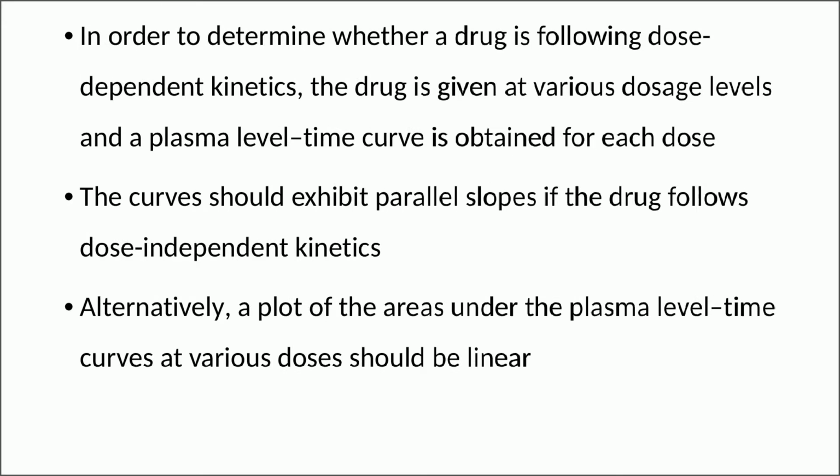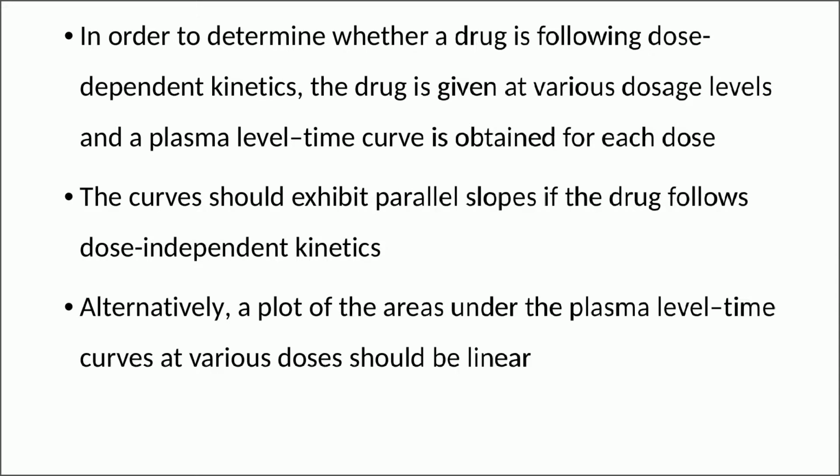Now, in order to determine whether a drug is following dose-dependent kinetics, the drug is given at various dosage levels and a plasma level time curve is obtained for each dose. The curves should exhibit parallel slopes if the drug follows dose-independent kinetics. Alternatively, a plot of the areas under the plasma level time curve at various doses should be linear.